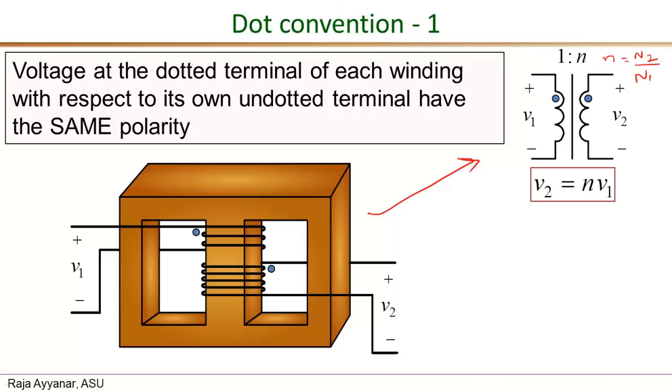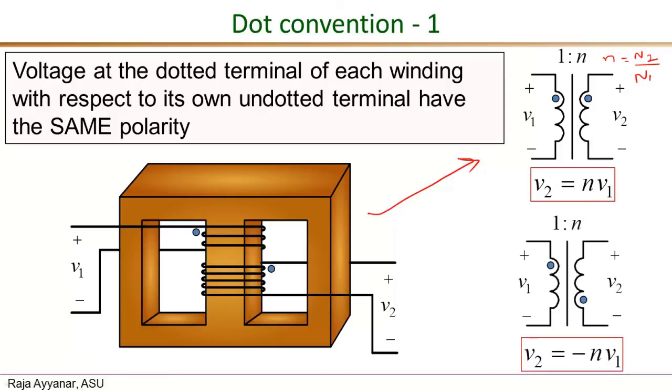Now if the dot polarity were reversed, so for example, if on the primary side the dot is still at the top, and on the secondary side the dot is at the bottom, as indicated here, this could represent a different transformer structure, with a different sense of winding in the two coils.